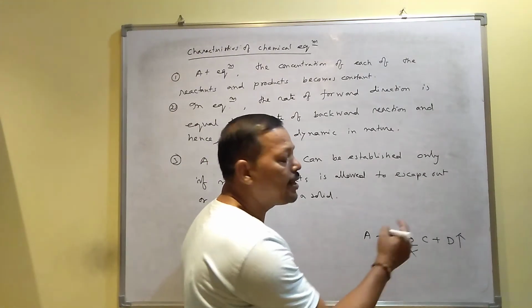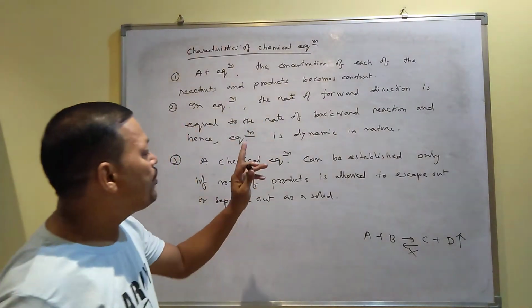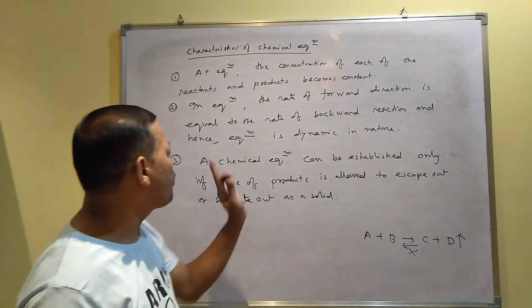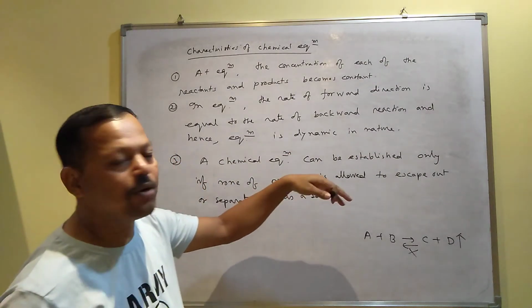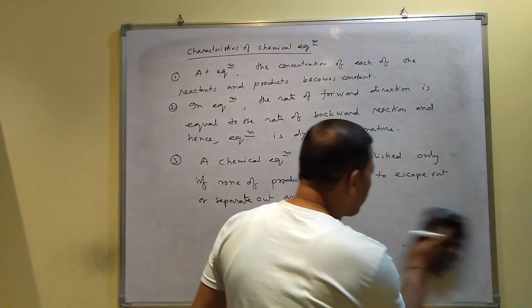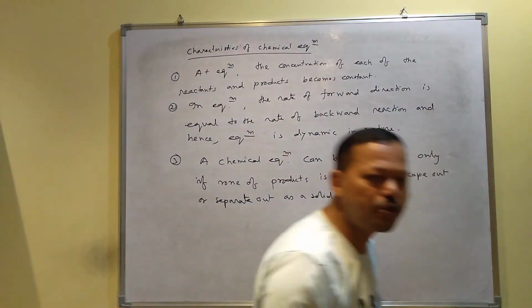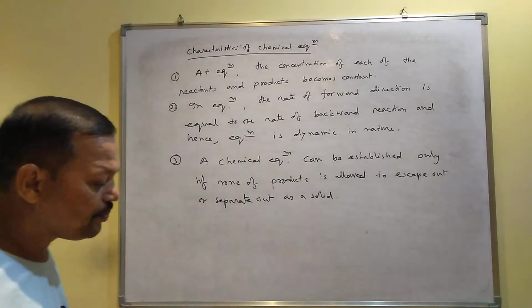So when you do not get the backward direction, you don't get the equilibrium state. So that is why chemical equilibrium can be established only if none of the products is allowed to escape out or separate out as a solid. Separating out as a solid means if you get some precipitate in a reaction, for that type of reaction also you cannot attain the equilibrium.